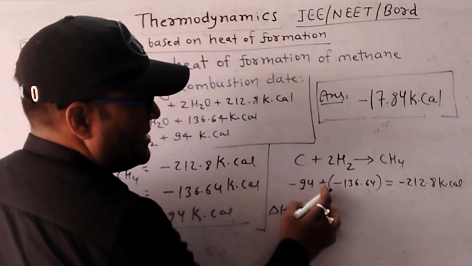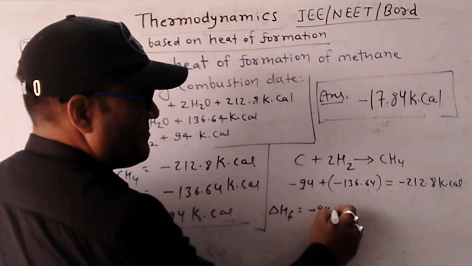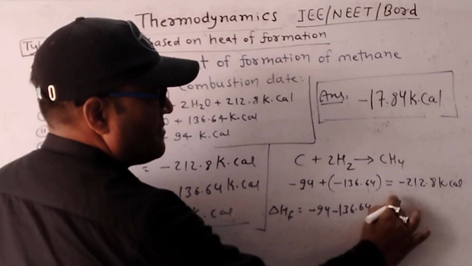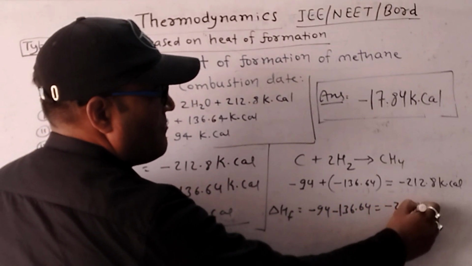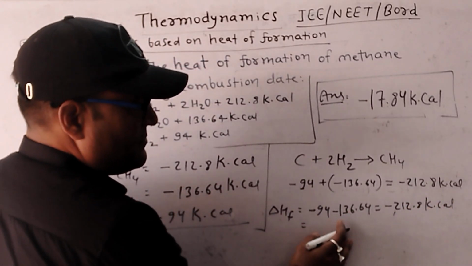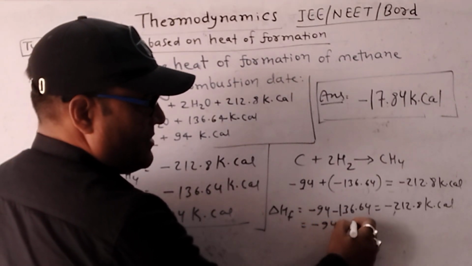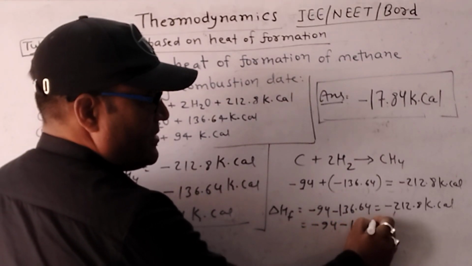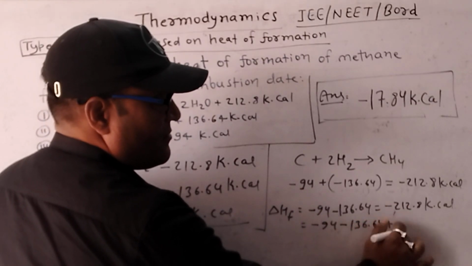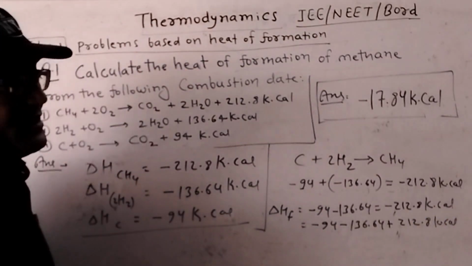Minus 94 minus 136.64 is equal to minus 212.8 kilocalorie. Now minus 94 minus 136.64 plus 212.8 kilocalorie.